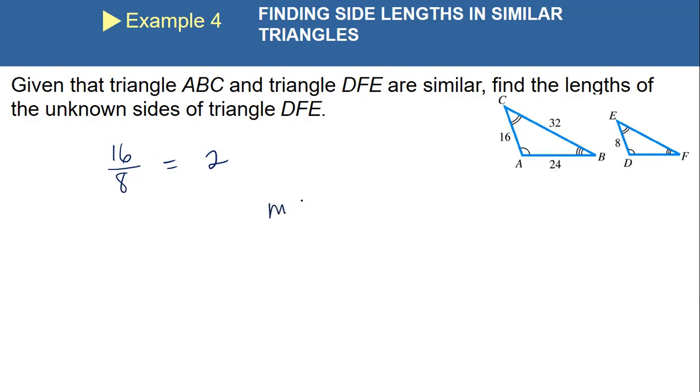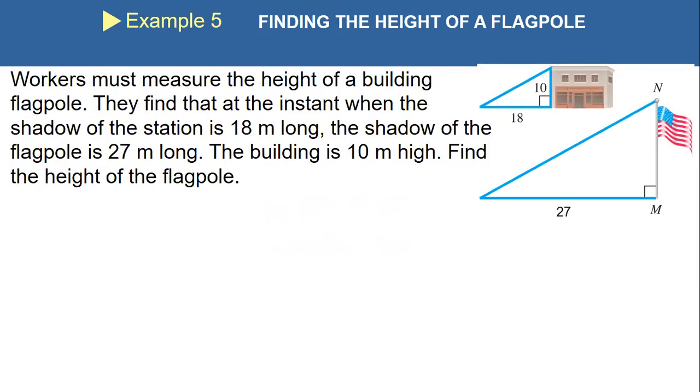The measure of side EF is 16, and that's because it's half of CB. Agree? The measure of side DF equals 12, and that's because it's half of AB. Yes? How do we feel? Yes. All right. Next.